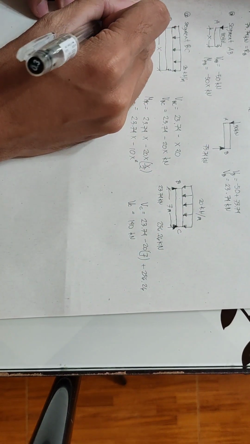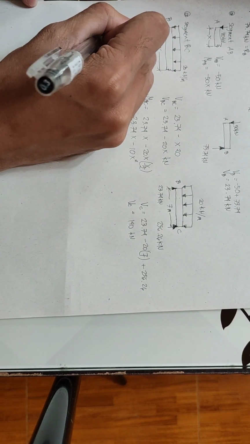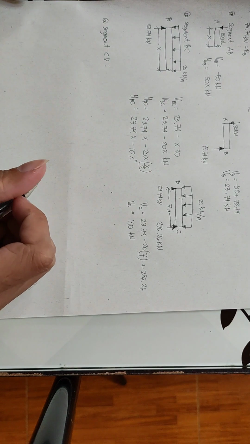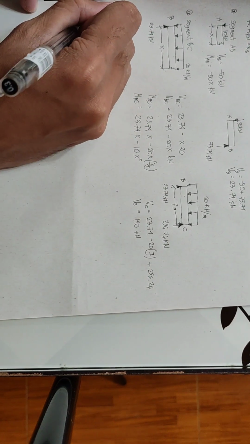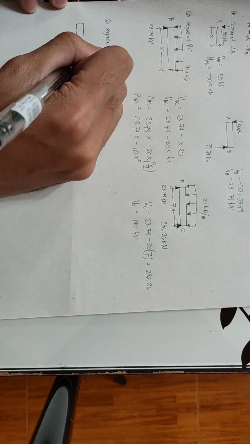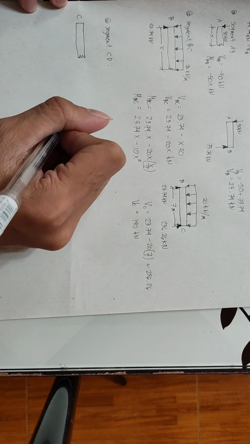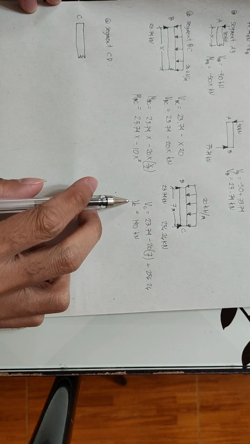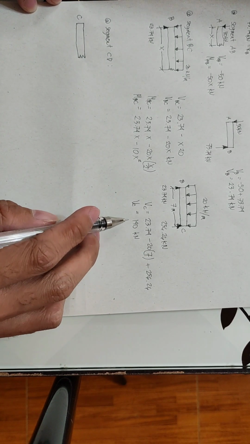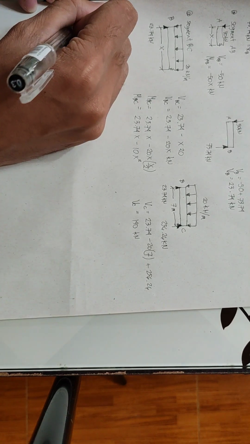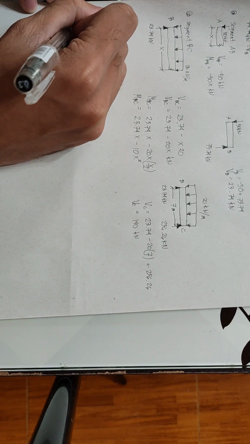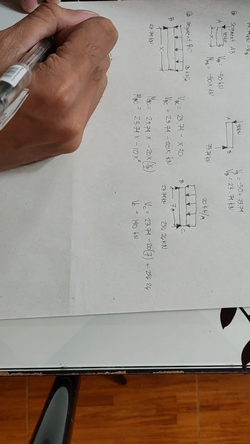So at segment CD, we draw. This is C, and since the shear at VC is 140, positive, the force goes upward, so 140 kilonewton.